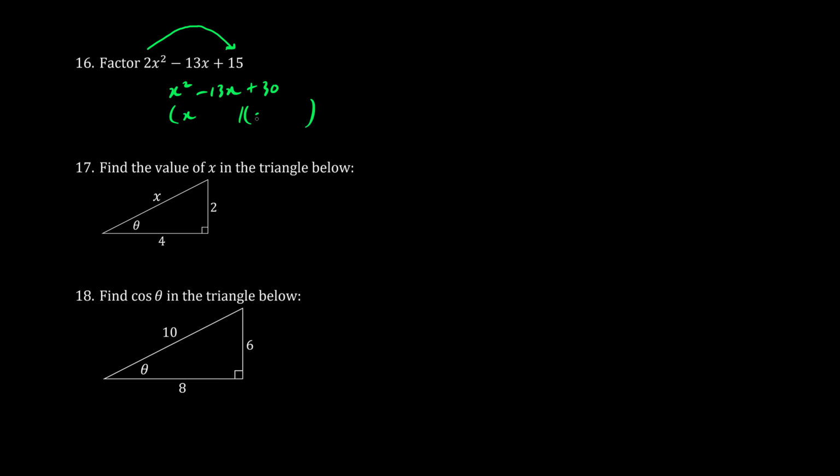We factor normally. What times what is 30 but adds to be negative 13? Let's just focus on all the possible combinations. 1 and 30, 2 and 15, 3 and 10. Now what else multiplies to be 30? 5 and 6. So you can systematically work through all the possible combinations and see what feels like a 13 to you.